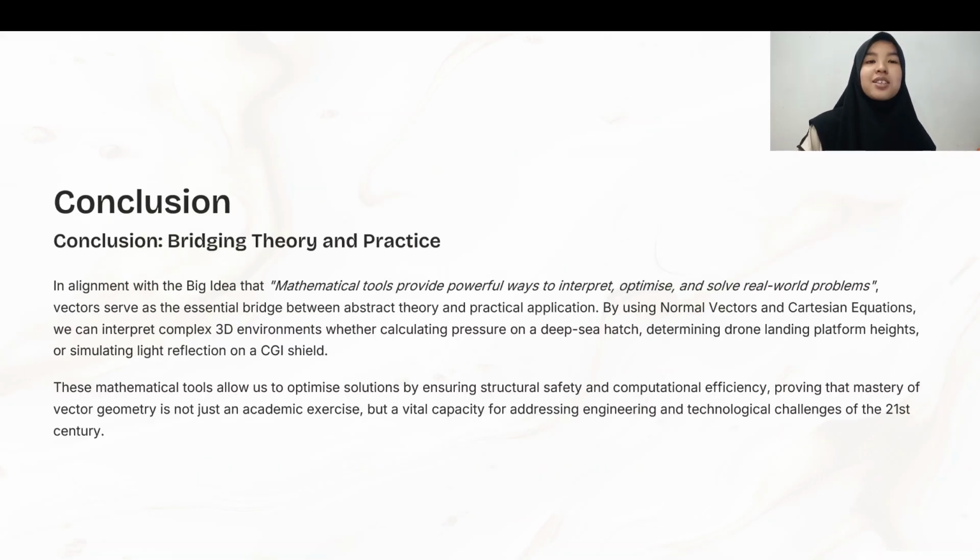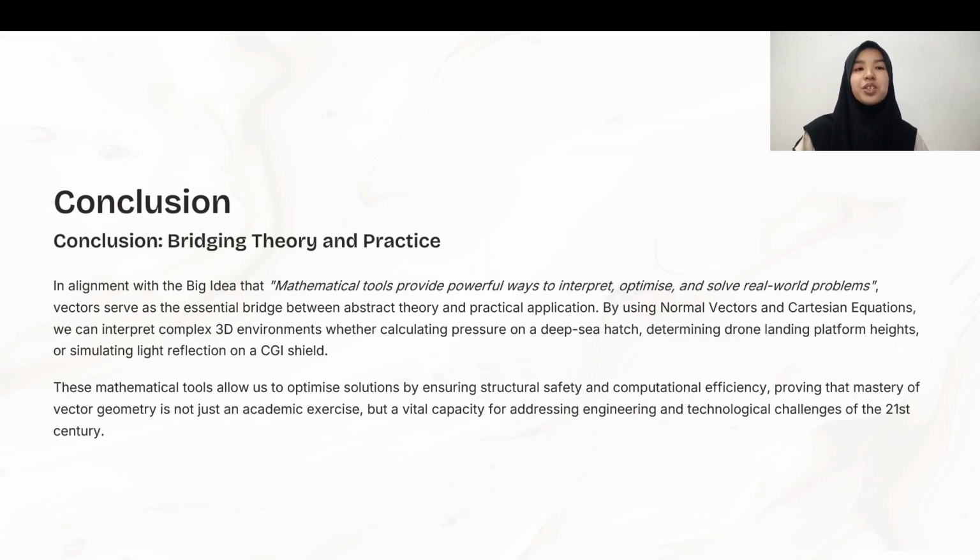As the conclusion, this is bridging theory and practice, in alignment with the big idea that mathematical tools provide powerful ways to interpret, optimize and solve real-world problems. Vectors serve as the essential bridge between abstract theory and practical application. By using normal vectors and Cartesian equations, we can interpret complex 3D environments, whether calculating pressure on a deep sea hatch, determining drone landing platform heights, or simulating light reflections on a CGI sheet.